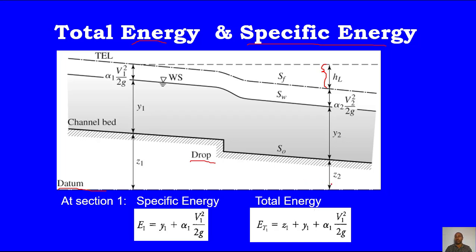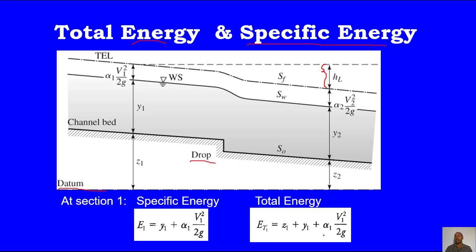At this point, due to the drop in elevation, there will be some head loss. At section 1, specific energy is equal to y1 plus alpha 1 V1 square over 2g, which is the depth plus the kinetic head.